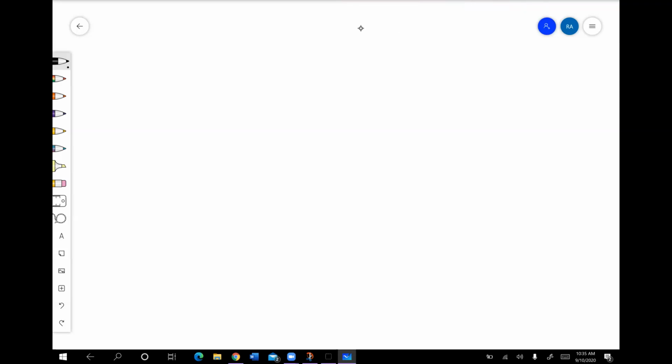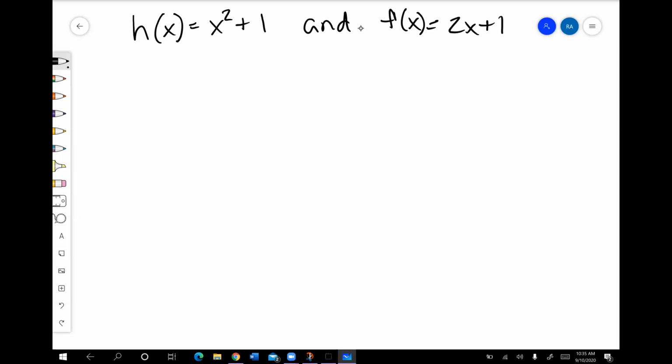So let's do this one. h of x equals x squared plus 1, and f of x equals 2x plus 1, okay? And I want to find h composite f of x, okay?